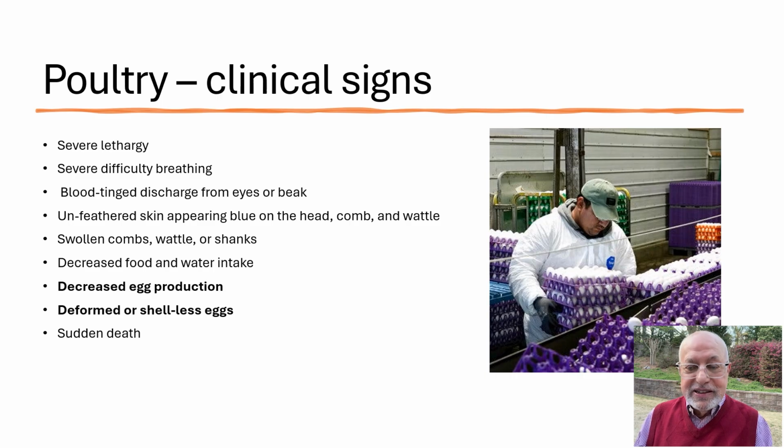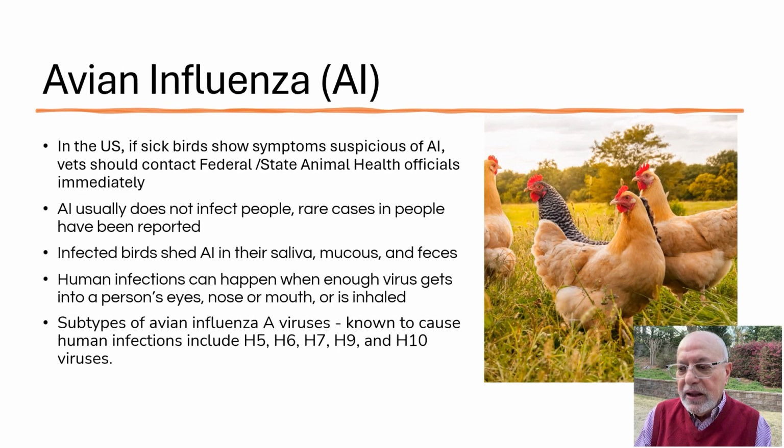Part of the reason is that we have so much avian influenza here that many laying hens have been discarded from the poultry farms. Whenever veterinarians in the United States see these symptoms, they are required to report to the federal and state veterinarians so that they can come and confirm if it's influenza or something else.